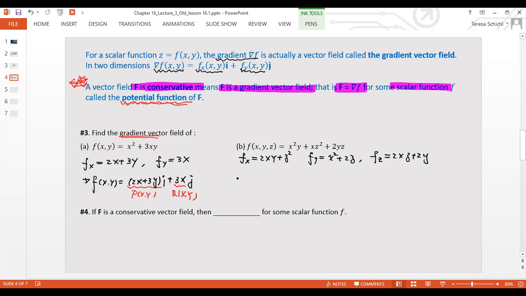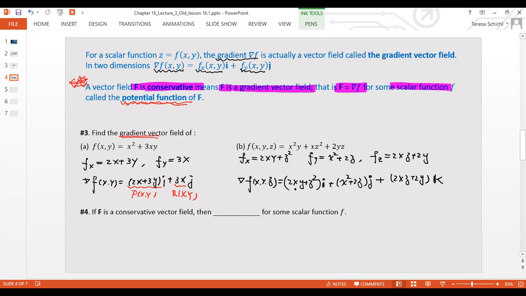Okay, so now I can write the gradient field of x, y, z. It's (2xy plus z squared) i, then (x squared plus 2z) j, and then the last one is (2xz plus 2y) k, right?